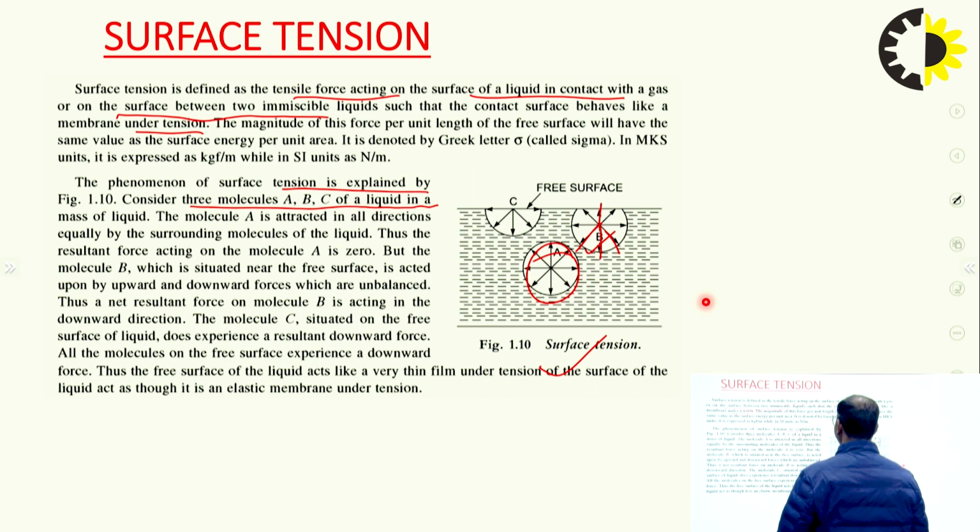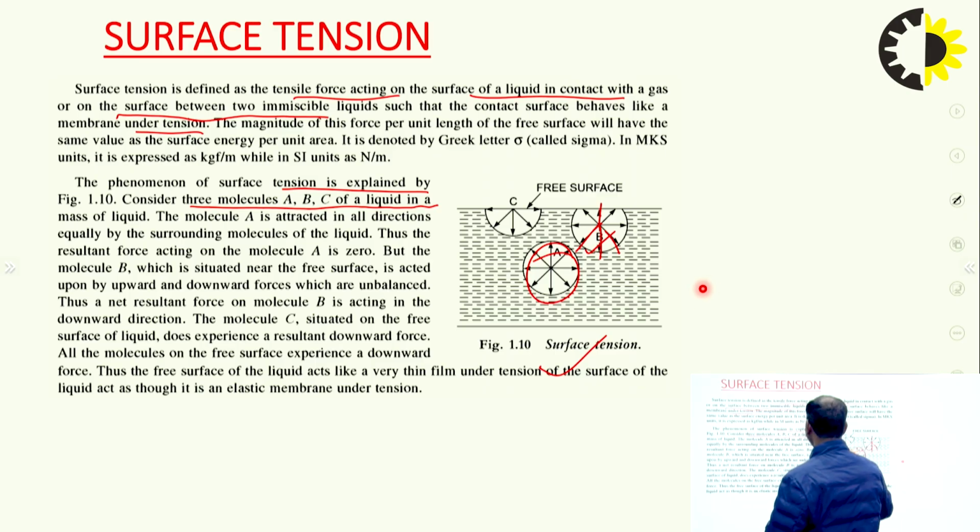So, a net resultant force on molecule B is acting in the downward direction. The molecule C, situated on the free surface of the liquid, does experience a resultant downward force. All the molecules on the free surface experience a downward force.